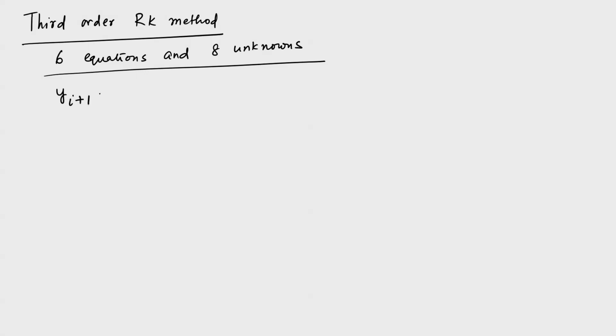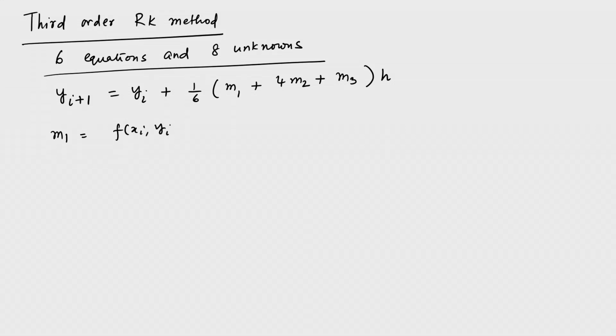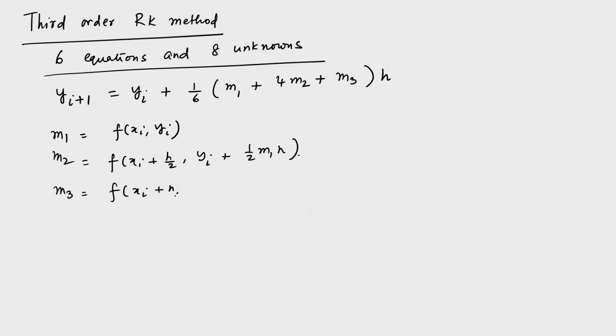It is y i plus 1 equal to y i plus 1 over 6 of m 1 plus 4 m 2 plus m 3, into h, where m 1 equal to f of x i, y i, m 2 equal to f of x i plus h over 2, y i plus half m 1 h, and m 3 equal to f of x i plus h, y i minus m 1 h plus 2 m 2 h, and so on.